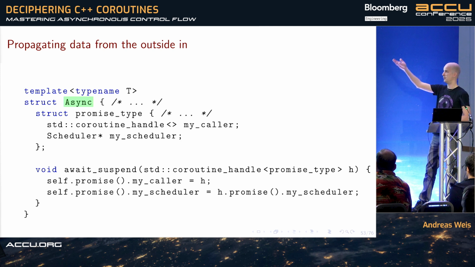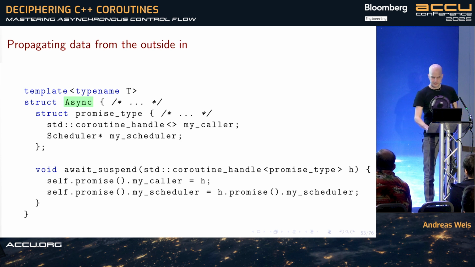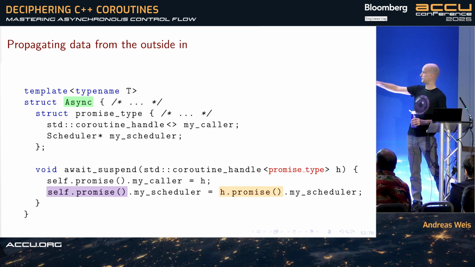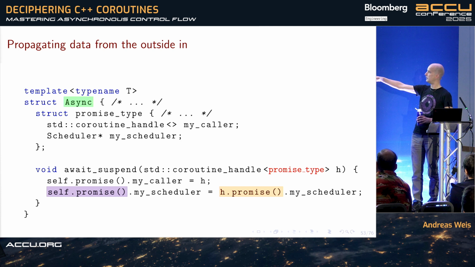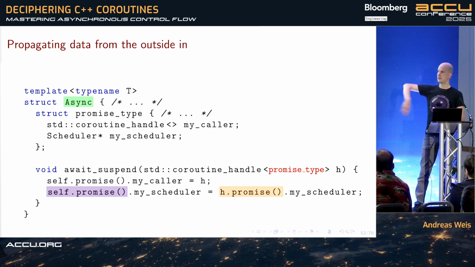So that's what I'm doing. I'm just passing the pointer to the scheduler along. And again, here's the color coding. The outer function, that's the handle that's passed as an argument, and the inner function, that's the handle that I saved away at construction time.